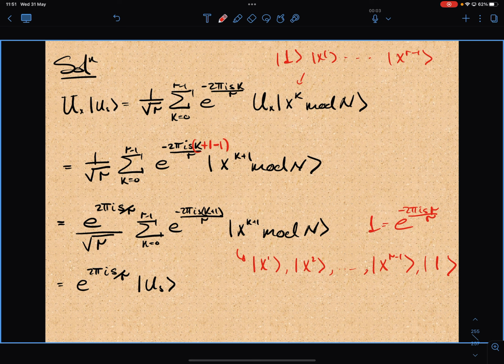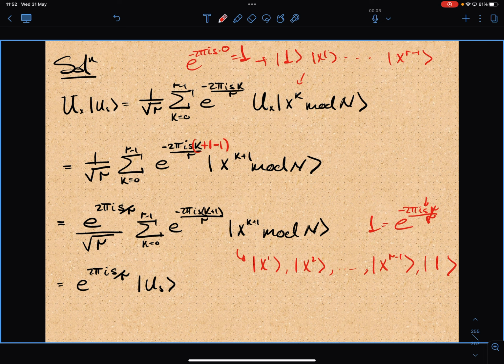This is equal to 1 because s is an integer. And in the first one, it's e to the minus 2 pi i s times 0, which is also equal to 1. So because it comes back, it cycles through the roots of unity in the circle, and the x^r's are also cycling. So it's just going to be shifting.